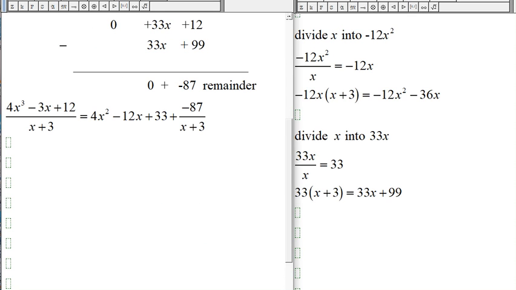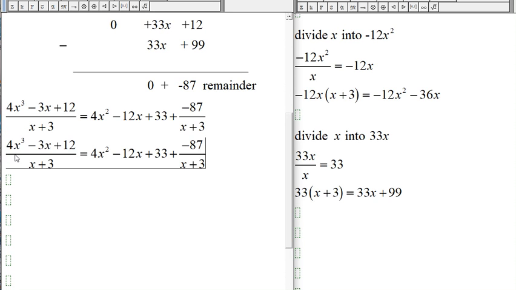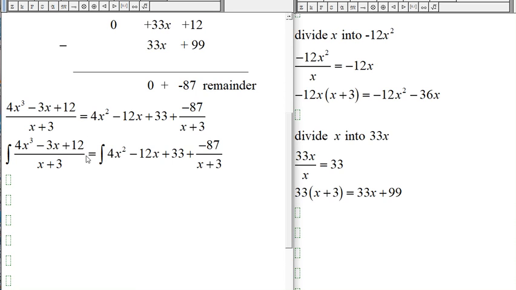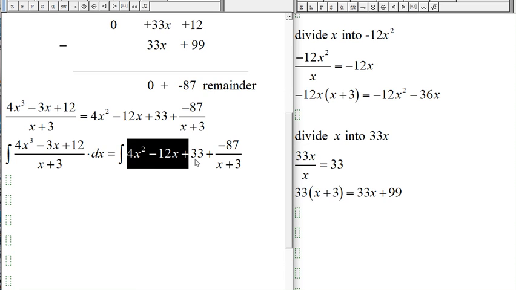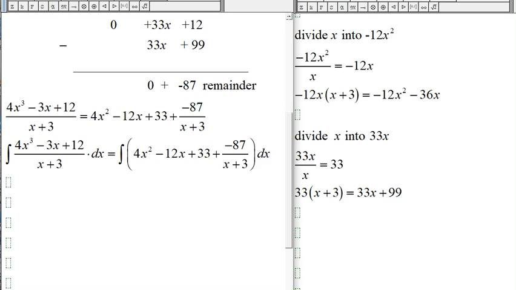And so now we integrate the left side and the right side. This is what we would have.